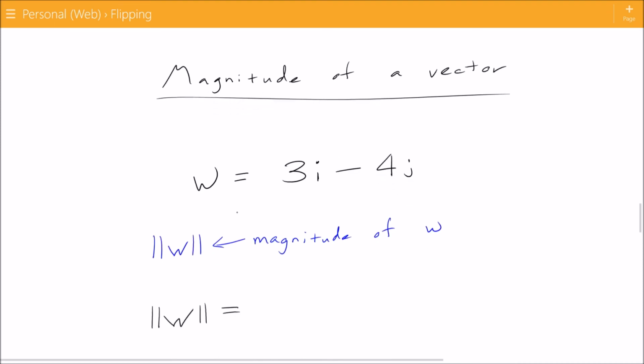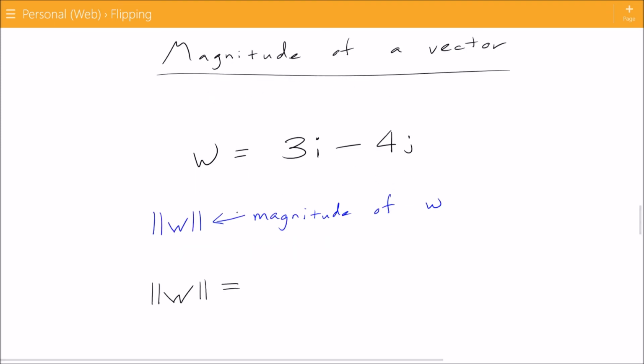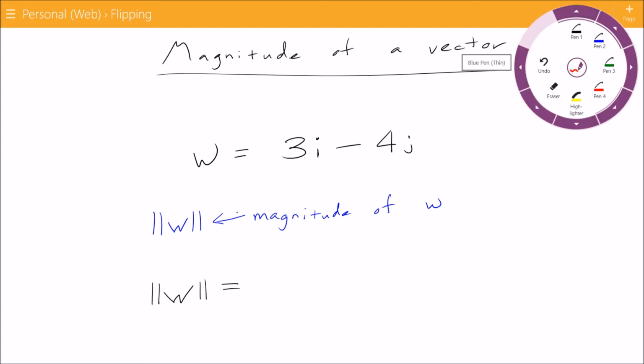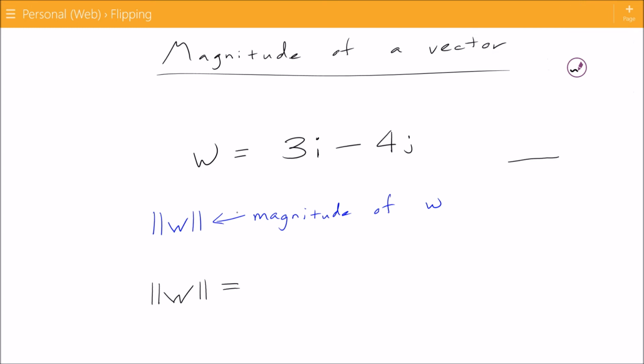Lastly, magnitude of a vector. When we think about these vectors, it helps to draw pictures as we've done so far and have some sort of visual to connect it to. So I'm going to draw this vector w. First of all, let me put the component vectors in there. So I've got 3i, that tells me that I'm going 3 positive, and then I've got the -4j.